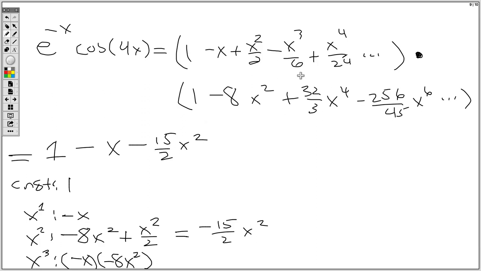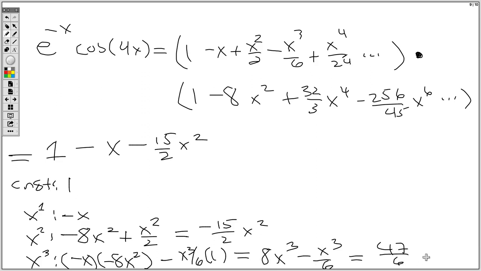Yeah, you can take the minus x cubed over 6 times that 1. And then at that point, if I get to the x to the fourth, everything is power 4 or more. So I would get a positive 8x cubed minus x cubed over 6. If I go through the fraction gymnastics there, that would be 47 sixth x cubed.